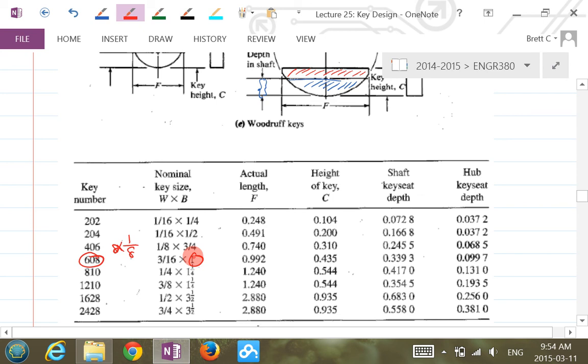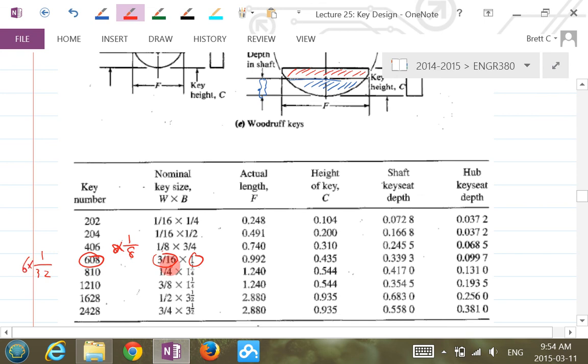The last two digits give that, and the first digits give you the so-called 32nds of an inch. So this one here should be 6 times 1/32.